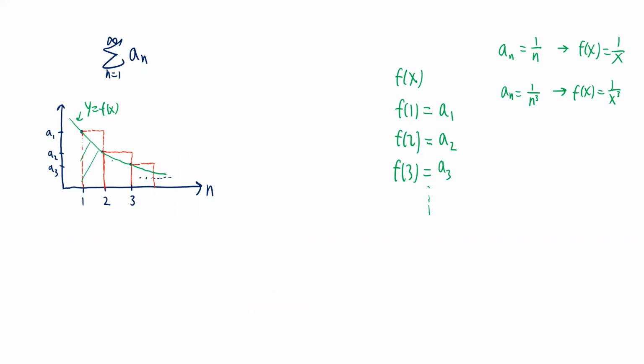So then the area under this green curve, of course it has to go all the way to infinity, right? So this area is given by the integral with lower limit from 1 all the way to infinity of f of x dx.